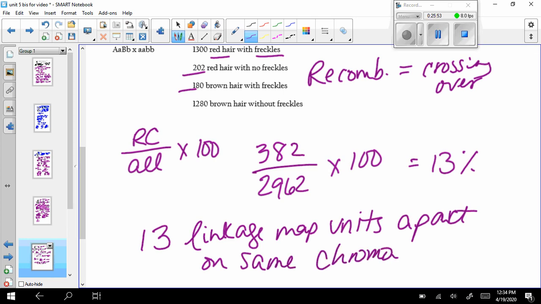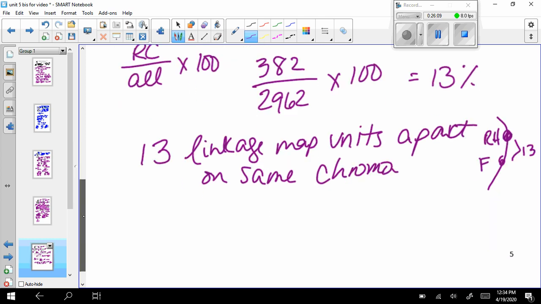So let's think about that for a minute. Here's my chromosome. Here's the one trait, the red hair, and here's the freckles. And they're 13 apart because the odds of them separating, the odds of crossing over, was only 13%. If I had another trait and that trait had a frequency of only 5%, it would have to be closer together than that because the odds of separating them is so low.